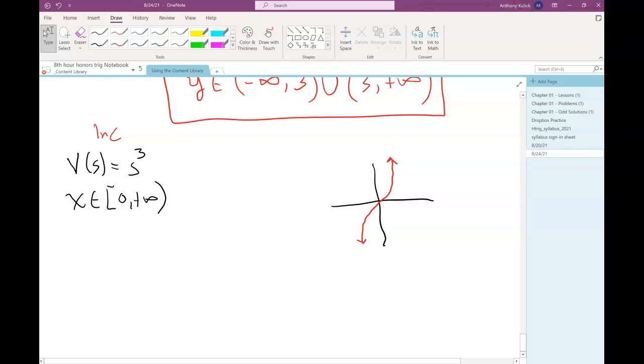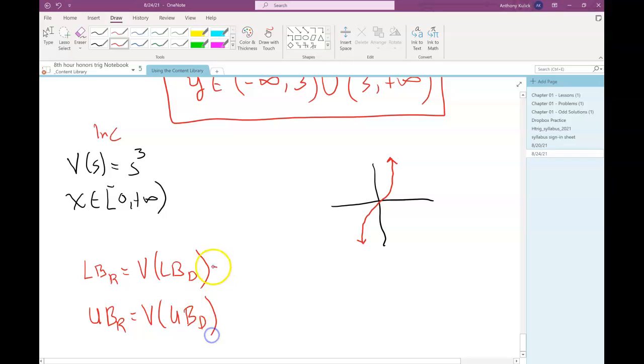Okay. Since it's increasing, I know the lower bound for the range is going to be v of the lower bound for the domain, and the upper bound for the range is going to be v of the upper bound from the domain. So this will just be v of 0, which is 0 cubed, which is still 0.